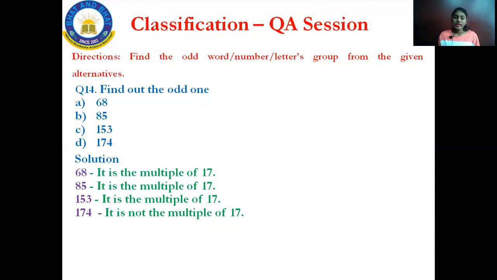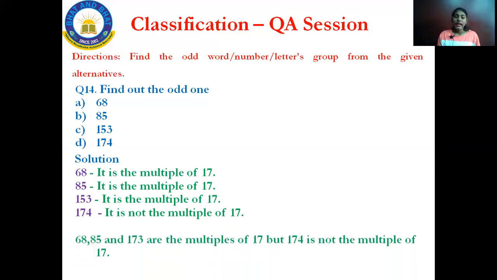So what is the correct option? It is very easy. 85, 68, 153 are multiples of 17, but 174 is not a multiple of 17. I'll explain it. Your options are 68, 85, 153 and then 174.